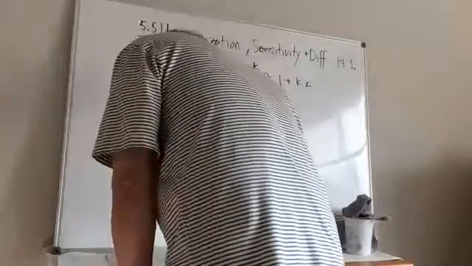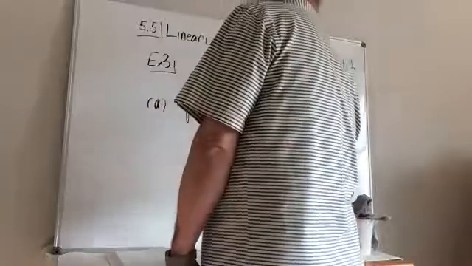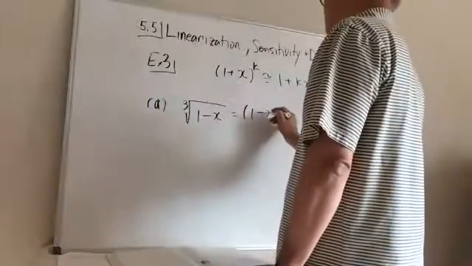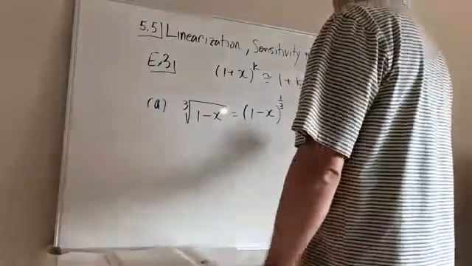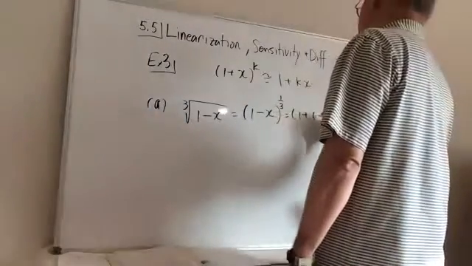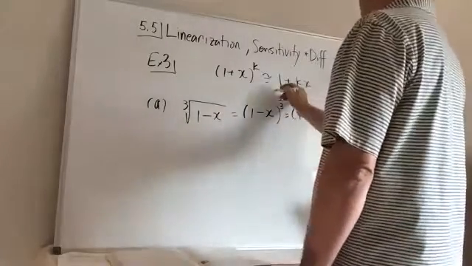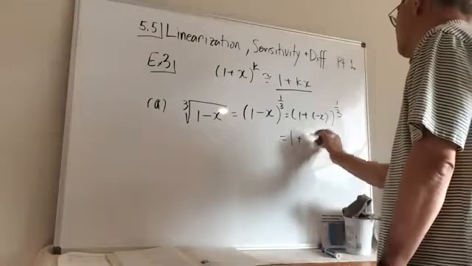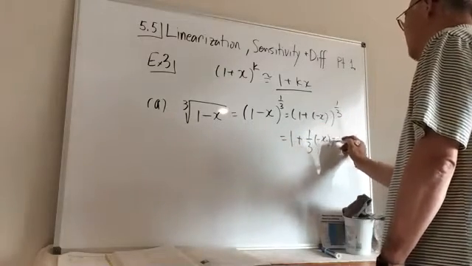We have the cube root of 1 minus x. Basically, look at 1 minus x to the 1/3 power. So it's basically 1 plus negative x to the 1/3 power. So if I go ahead and use this, you get 1 plus 1/3 times negative x.